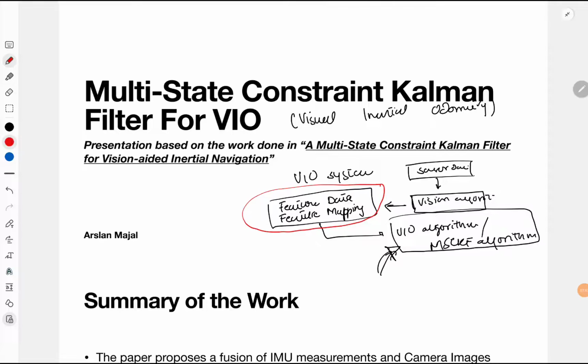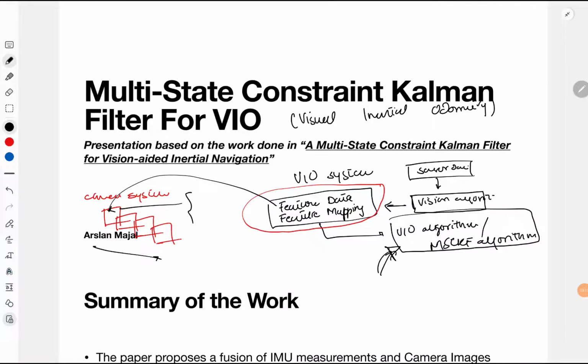What feature data extraction and feature mapping actually means is that when you have a camera system, you're getting this sequence of images, and what feature data extraction will do is give you data regarding certain features.